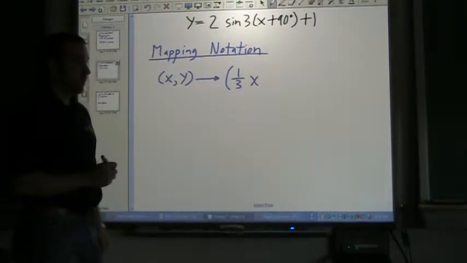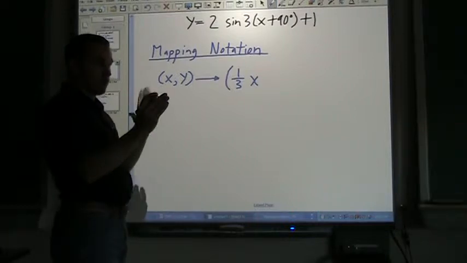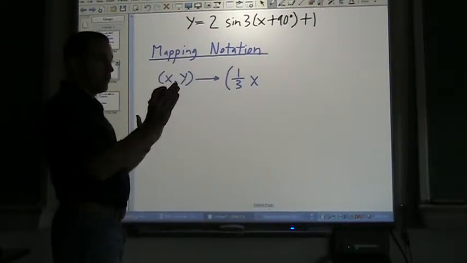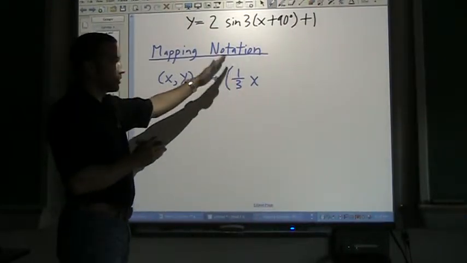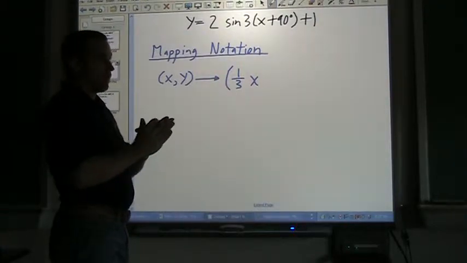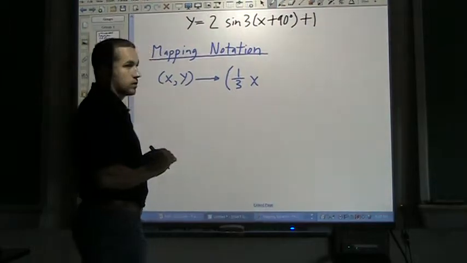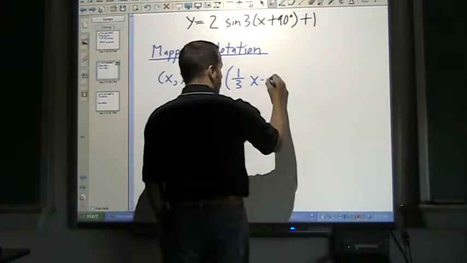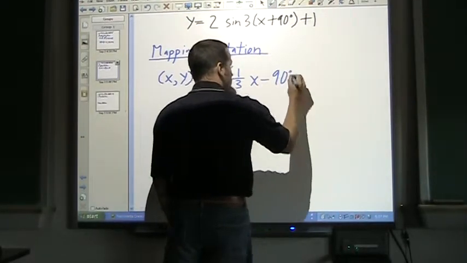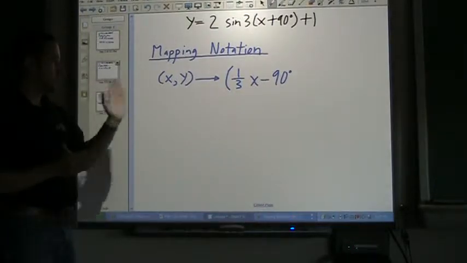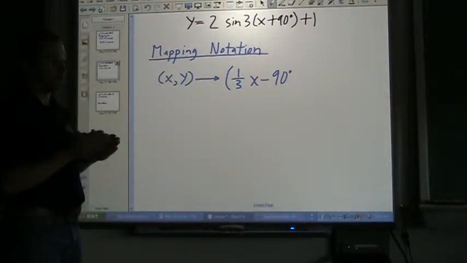Then, if I go left or right in the x, I've gone left 90 degrees. Left is subtract, so subtract 90 degrees. Now you've told the person everything about the graph in the x direction.